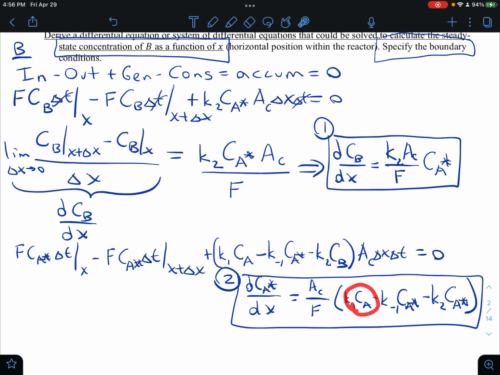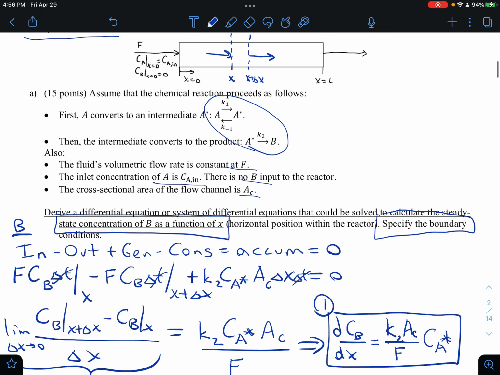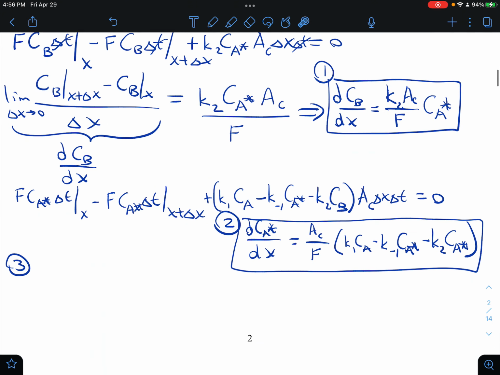But notice that this includes a CA in it. So now I have two equations. They describe the behavior of CB and CA star, but I've introduced another variable. So now, in order to get a third equation, I'm just going to look at this kinetic equation.